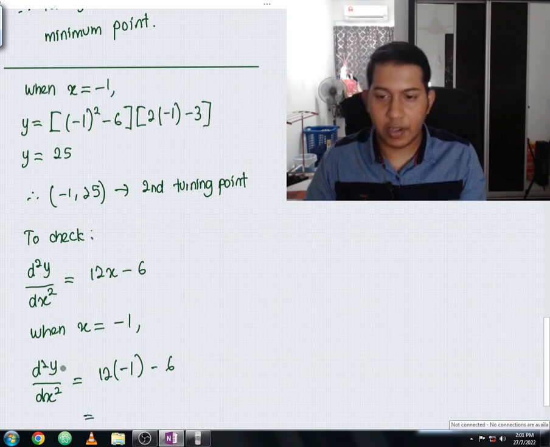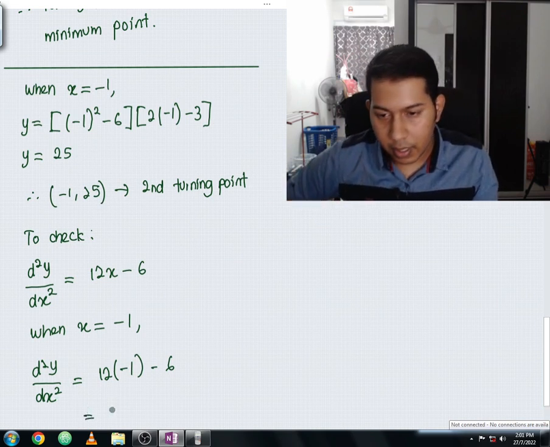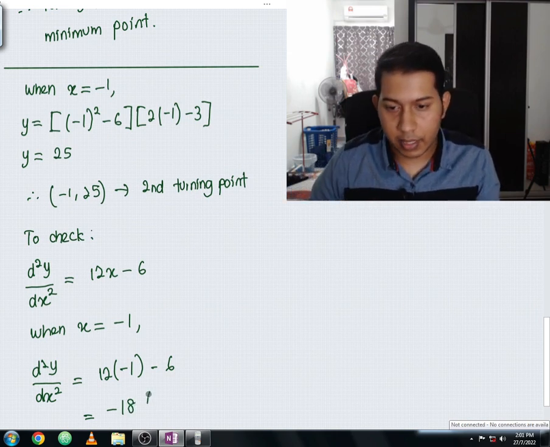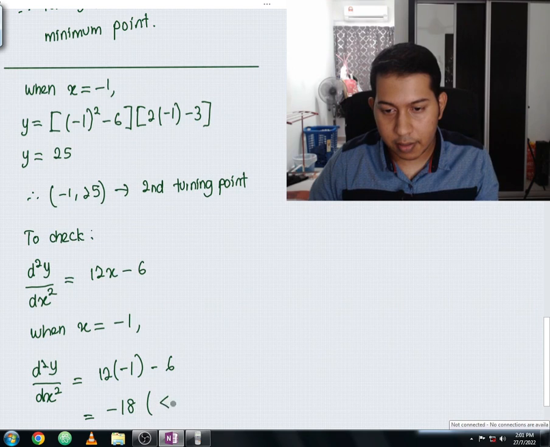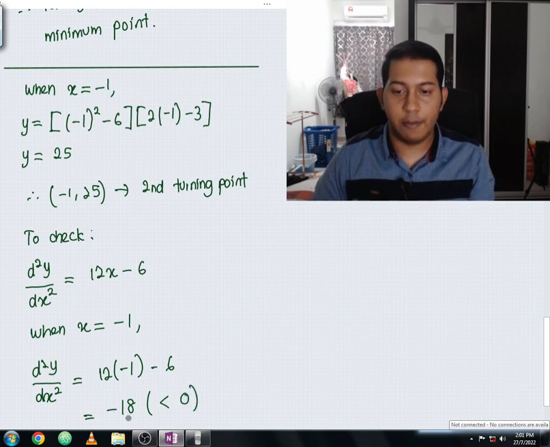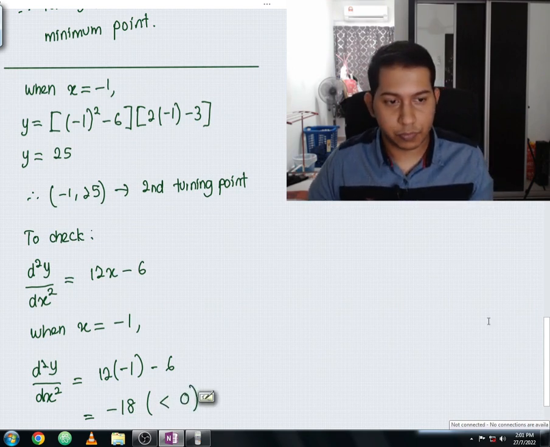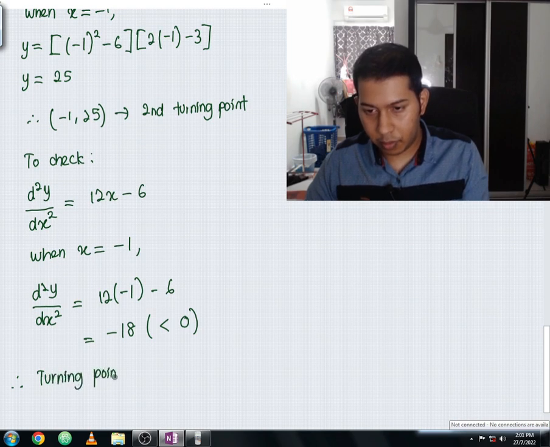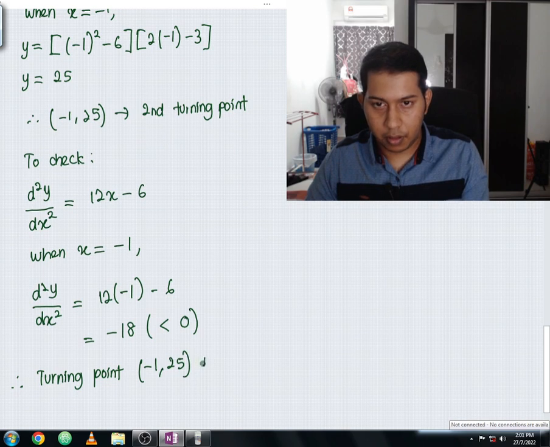So from here you get d square y over dx square is equals to negative 18. Negative 18, it is less than 0. Since the value is less than 0, from here we can conclude that turning point (negative 1, 25) is a maximum point.